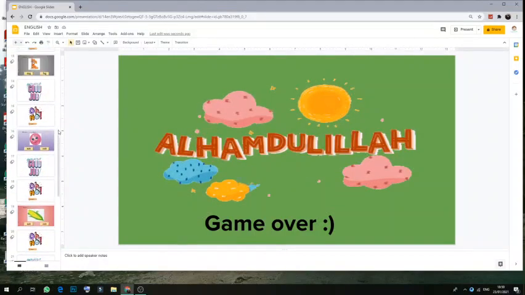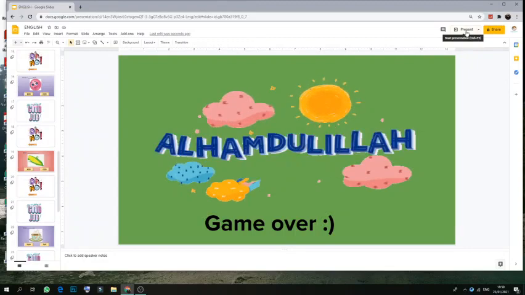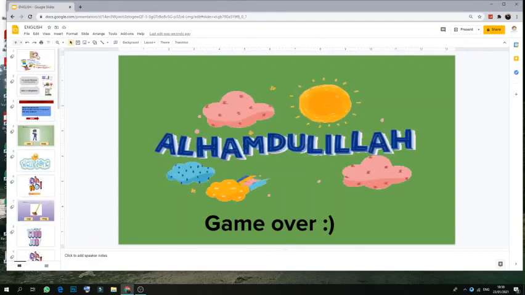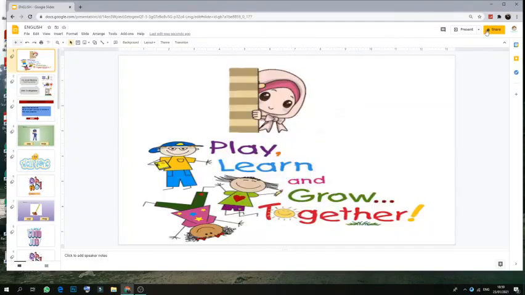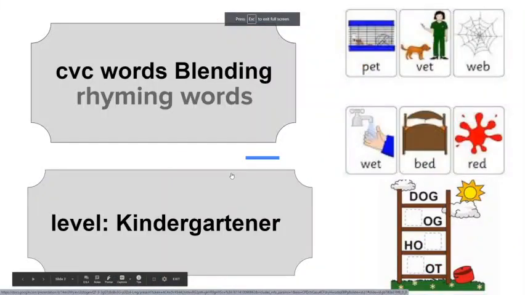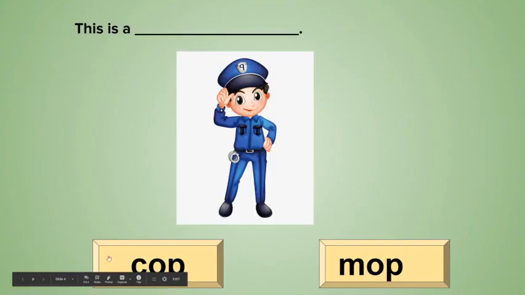Now we are going to present it, to see whether we have done a good job or not. This is a present button. So we are now going to present it. Come on the first slide, click this and start presenting. Click here, click kindergarten, start.